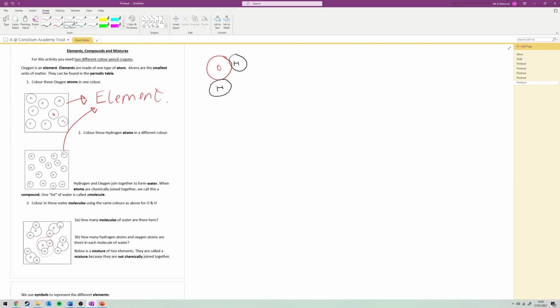So you can see that, well, this is oxygen, and this is hydrogen. Right? Because these are touching, that means it is joined together.